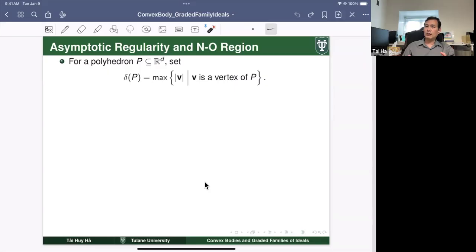And the next question is, if it exists, how do we understand or compute it? And that, again, is closely tied to the notion of Newton-Okounkov regions that we have defined. So here again, for a polyhedron P inside R^{2d}, we're going to set delta of P to be the max value of the sum of coordinates of the vertices in P. So you take a vertex, you take the sum of the coordinates, and take the max value of those.